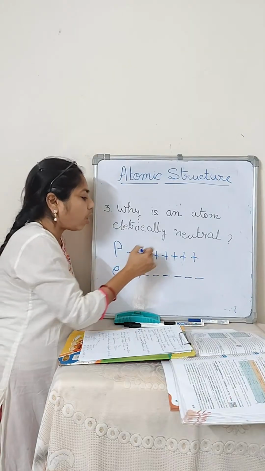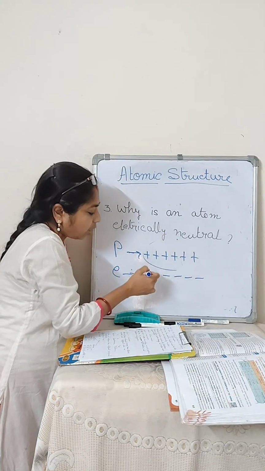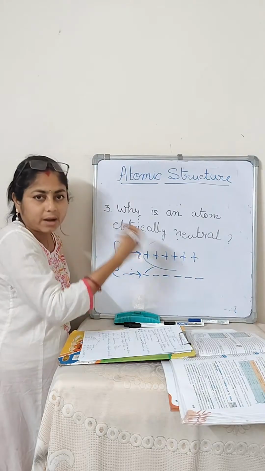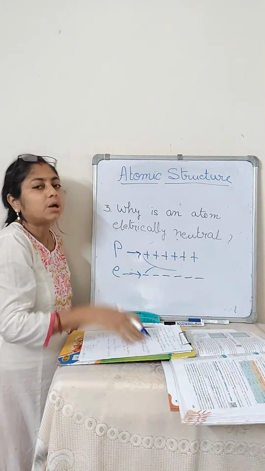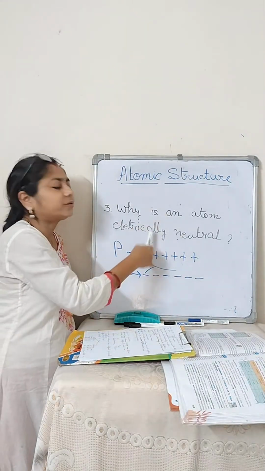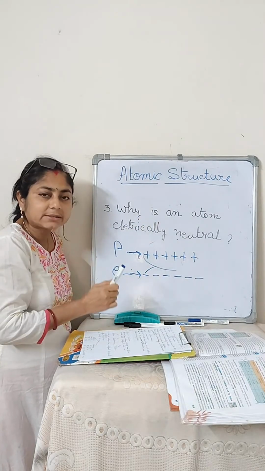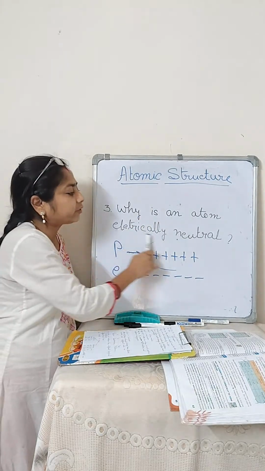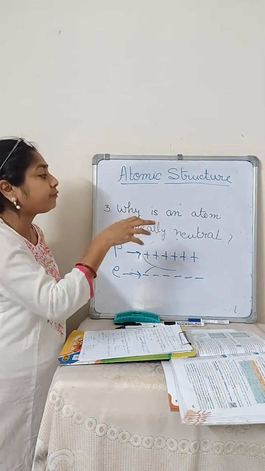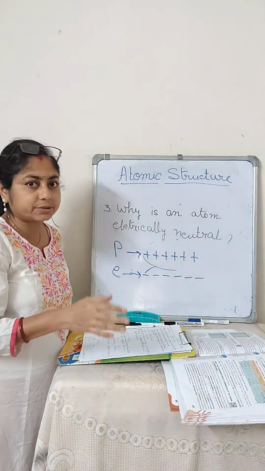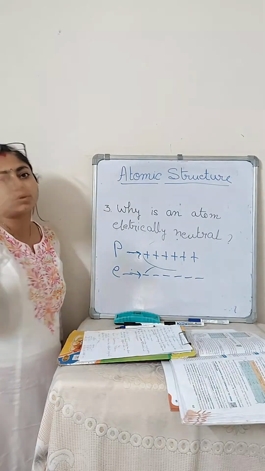So all the positive charge and all the negative charge neutralize. So no charge. No charge means atoms are electrically neutral. For that reason it is electrically neutral at the stage of atom, not ions. Clear? Please write the question.